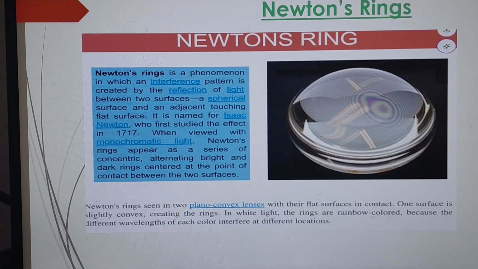In white light the rings are rainbow colored, because each color has a different wavelength and interferes at different locations. Okay, we are using monochromatic light.